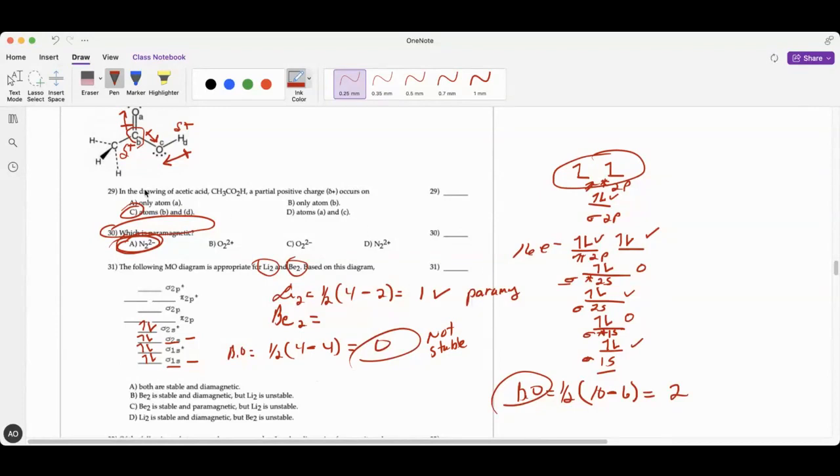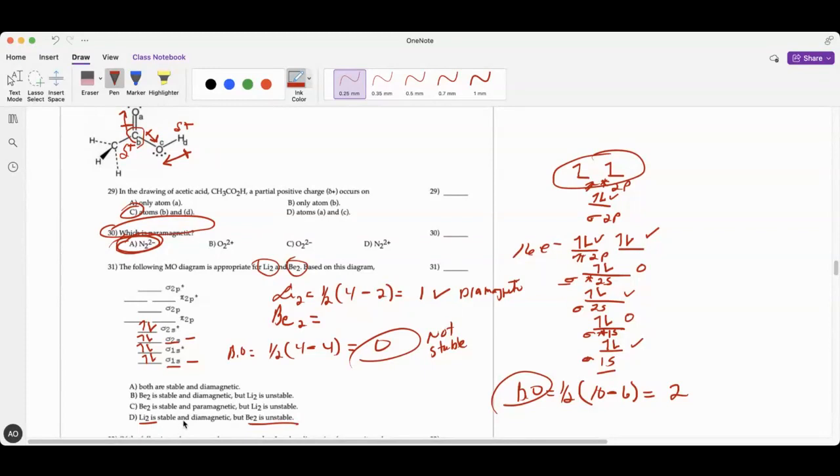And you know what? This should be diamagnetic. I think lithium is diamagnetic. Yeah, it is diamagnetic. And this beryllium wouldn't even form, so the beryllium is unstable, and the lithium is stable.